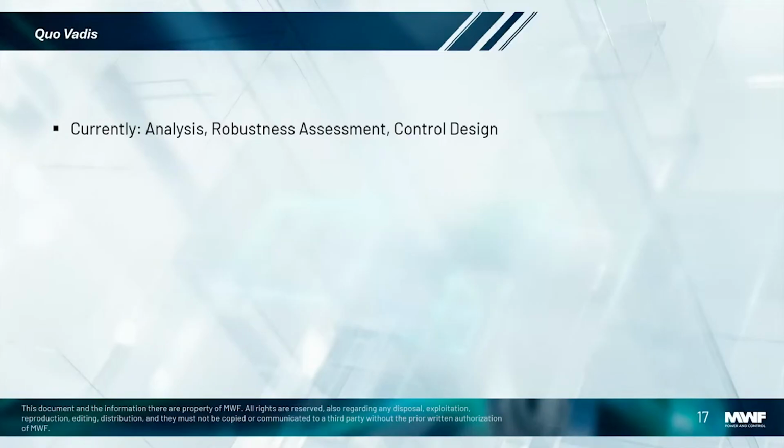Mostly because these vehicles are heavy, they almost always have people around them, and in test conditions it can be very dangerous to run these tests. So for this reason, the robustness assessment is almost mandatory during the control design.